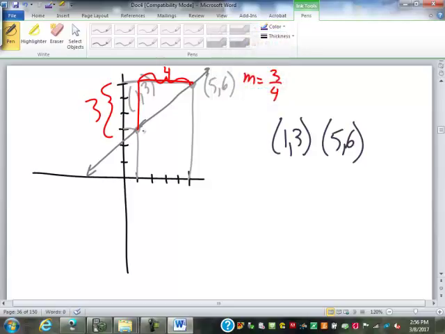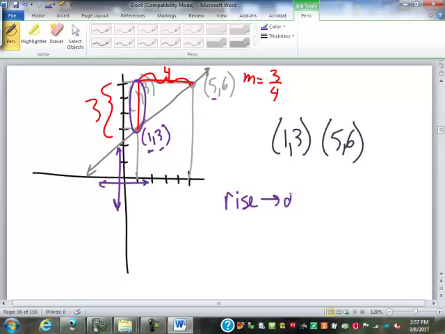So if I look over here, I'm going to label this 1, 3 down here because it got kind of covered up. The rise, what coordinate determines the rise? Is it the x coordinate or is it the y coordinate? What coordinate tells us how far we go up or down? Well, x, remember, moves side to side. Up or down is y.